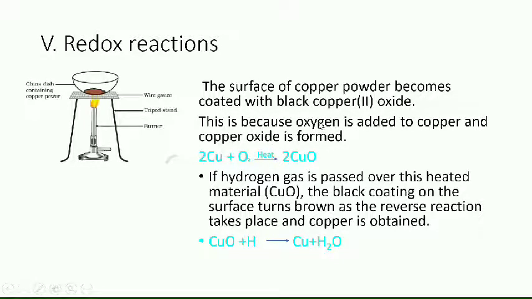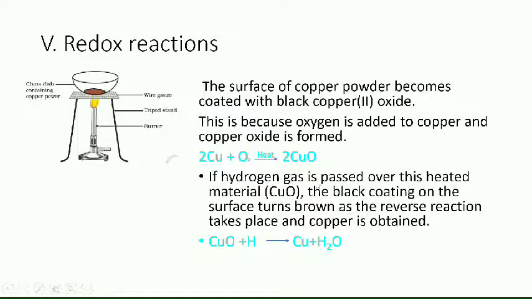This is because oxygen is added to copper and copper oxide is forming. So the simple reaction for this condition is that copper reacts with oxygen to form copper oxide, and you should always remember that copper oxide is black in color.